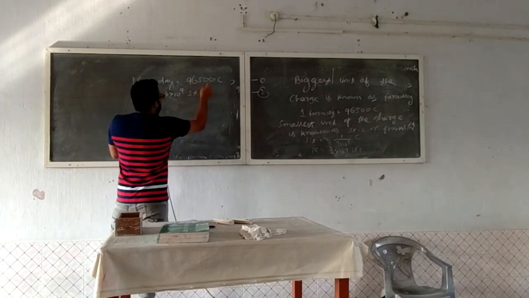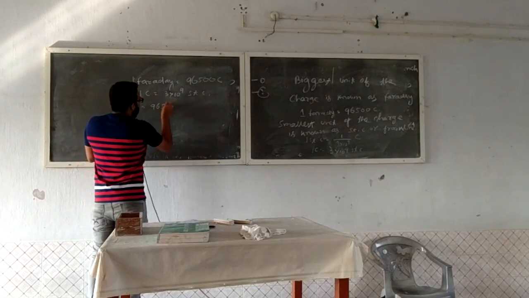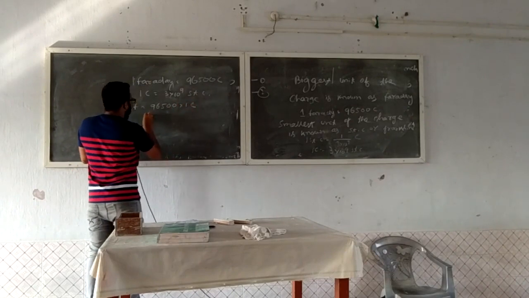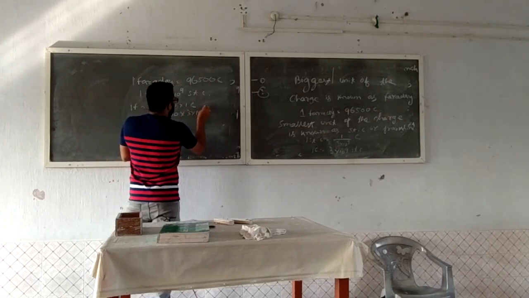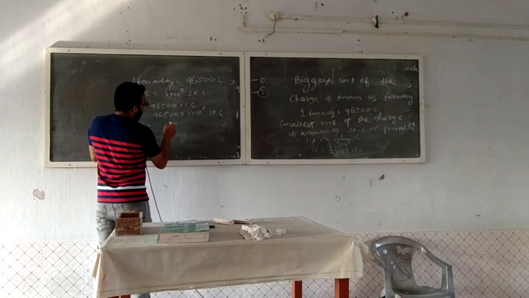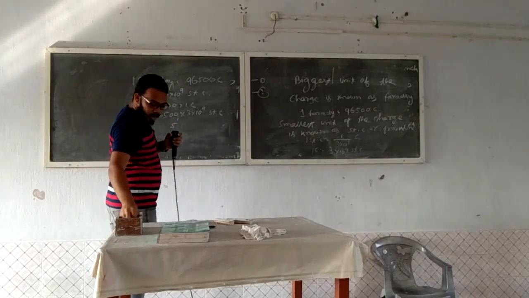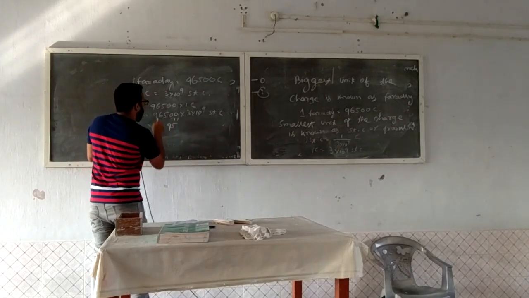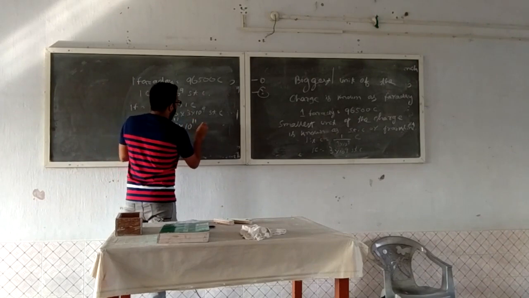So here we can write 1 Faraday equal to 96,500 into 1 coulomb, and 96,500 into 3 into 10 to the power 9 statcoulomb. 5 threes are 15, 5 taken 1, 6 threes are 18, 19, 18 19 9 1, 9 threes are 27, 1 29, 2995 into 10 to the power 11 statcoulomb.